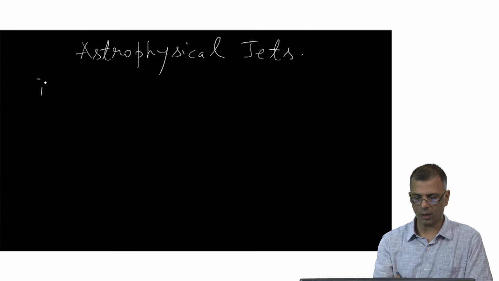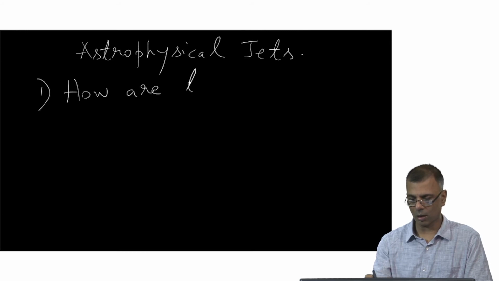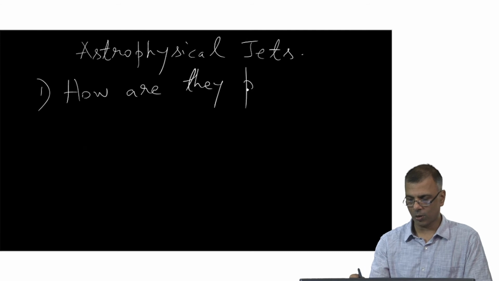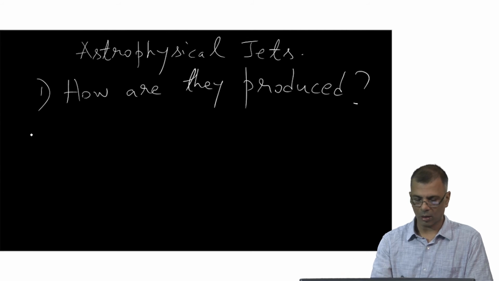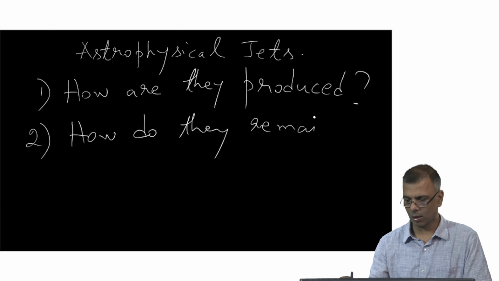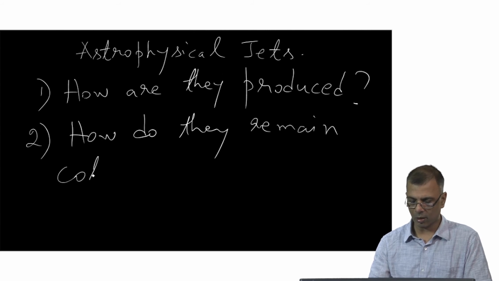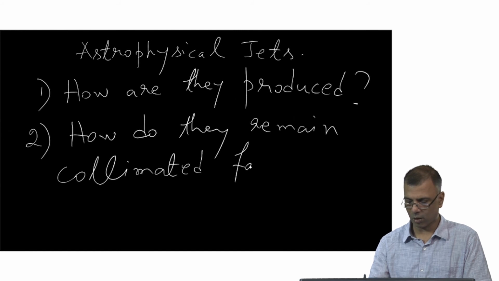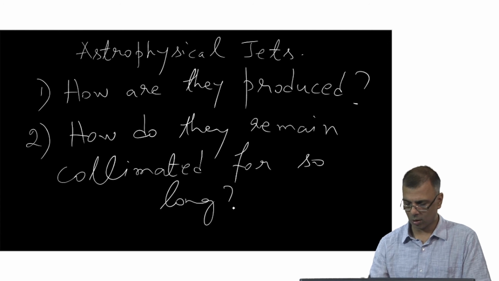One is how are they produced. Two, how do they remain collimated for so long, right?